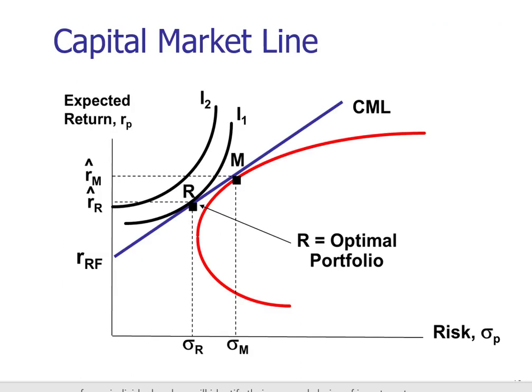And that essentially is what our indifference map is going to do. So this person here, for this indifference curve, wants this particular asset, R, because that's going to be the maximum risk-return relationship based on the indifference curves of the investor.